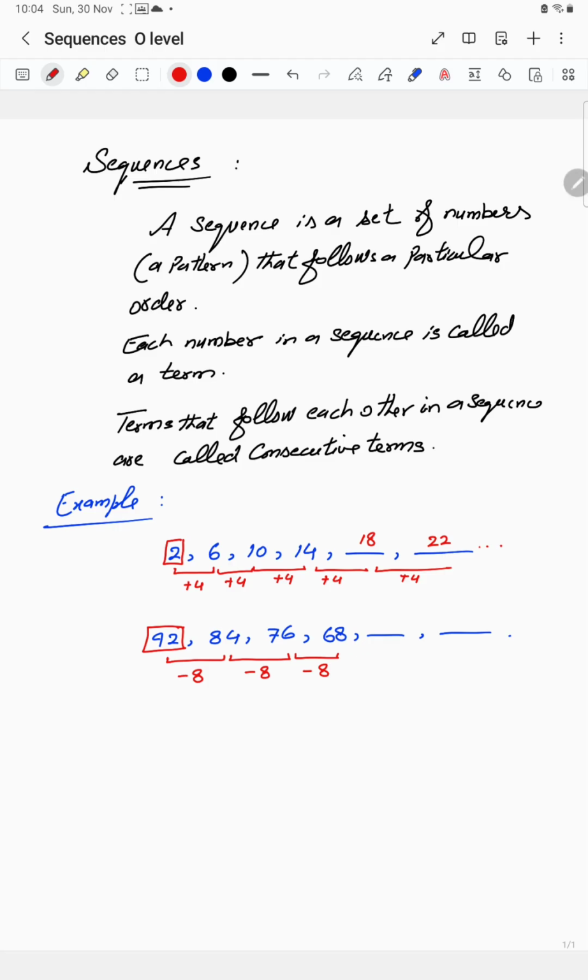The next term will be 60, then 52, and so on. You can see that in these two examples, we have to add or subtract a common number to get the successive terms.